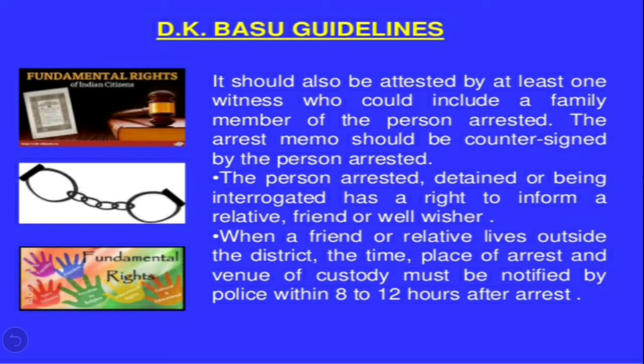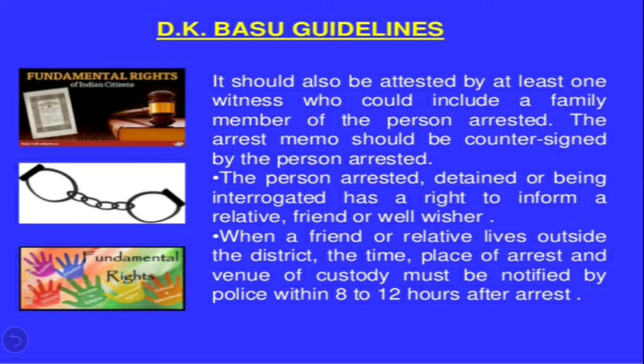Then it should also be attested by at least one witness, who could include a family member of the person arrested. And the arrest memo should be countersigned by the person arrested. So it should be witnessed by the family member of the person arrested and even by the person arrested.